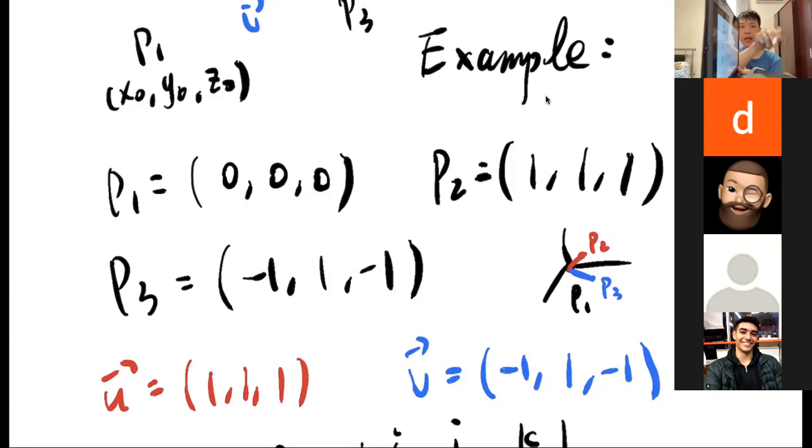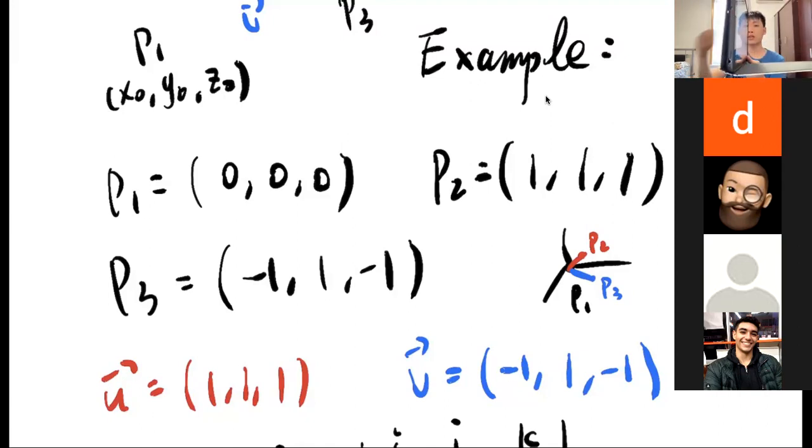The P1 lies somewhere here. So the vector V is here. And another point P3 lies somewhere here, going down the other way. I'm sorry, going down this way. All right.